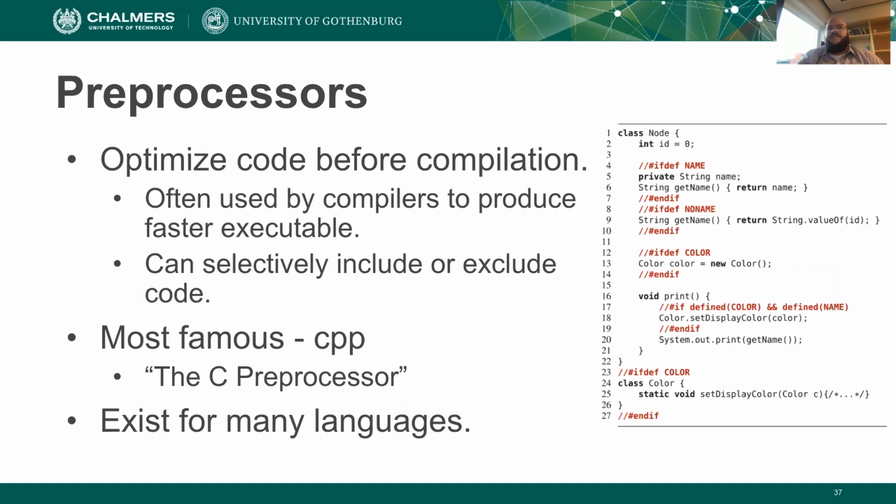The most famous of these is CPP, or the C preprocessor, right? And this is used in a lot of cases as the way that you compile C or C++ code. Most of the examples we've seen so far use CPP or something like that. And CPP provides directives to inline files, to define macros, and to remove code fragments based on user-defined conditions.